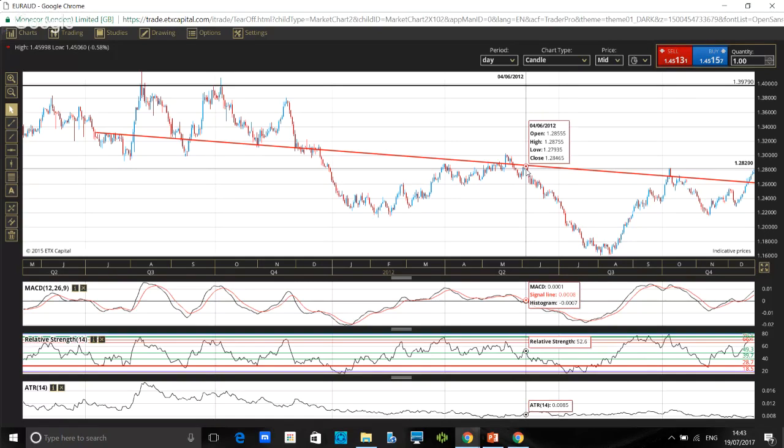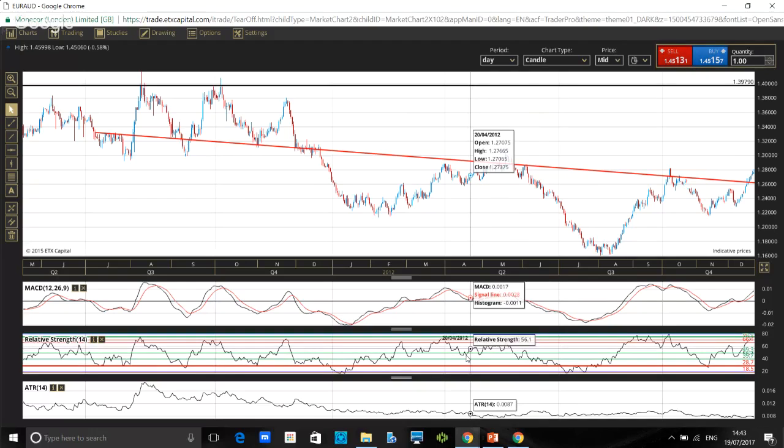Now let's look at what happens when price actually breaks any of these lines. When the RSI bounces off any of these lines, or goes past them or breaks them, and then ATR is spiked up, that is a signal for us to get into the trade.